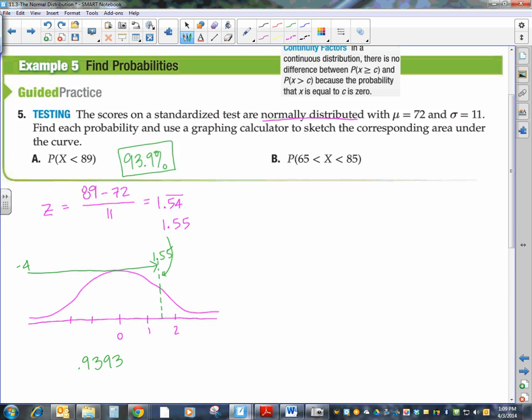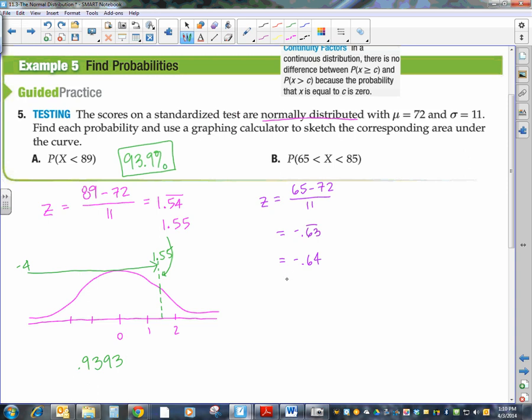Okay. Part B says I want to find the values in between two of these. So in this case, I've got to convert each of these to a z-value. So 65 minus 72 over 11 is negative 0.63 repeating. On that z chart, if you're using the chart, that would be negative 0.64.